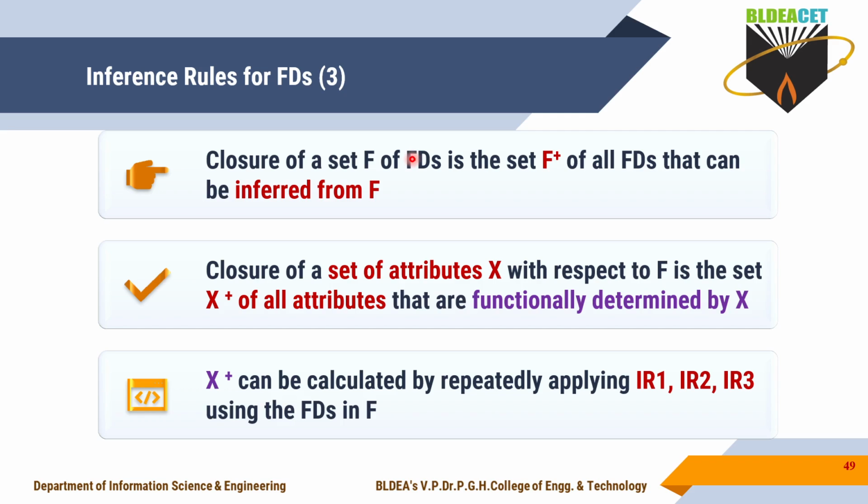After using inference rules, you may get new functional dependencies derived from the given functional dependencies. If all of those are combined, that is what we call the closure set of functional dependencies. It is denoted F plus, the set of all functional dependencies along with the new functional dependencies derived from the given functional dependencies in F.